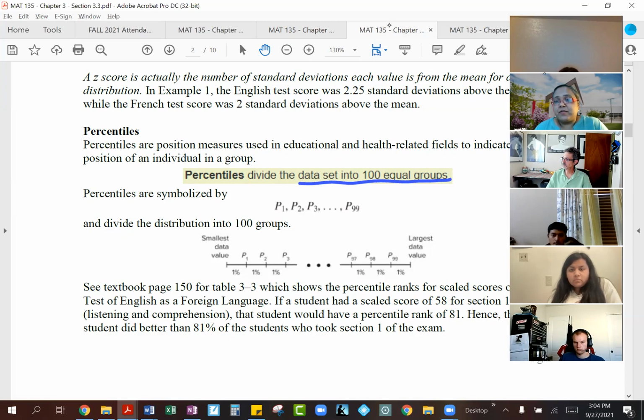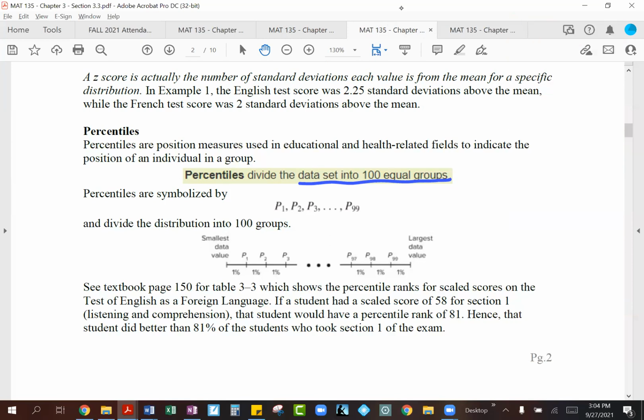Two very, very different things. Even though they sound similar, the idea is percentages are also broken up into 100 equal parts. They are not the same calculation. The percentage is basically like your relative frequency calculation. Percentile is the position. Where are you positioned in the data set?